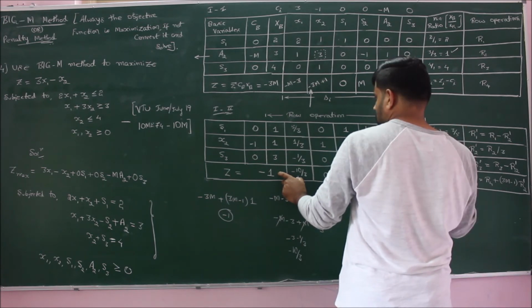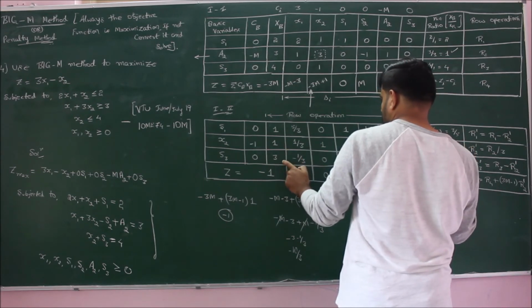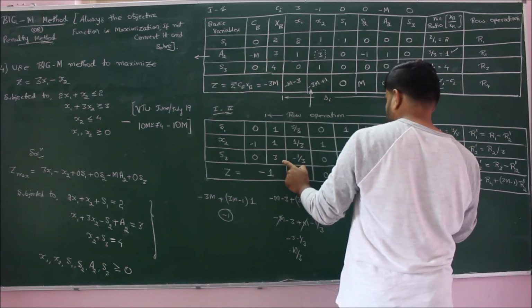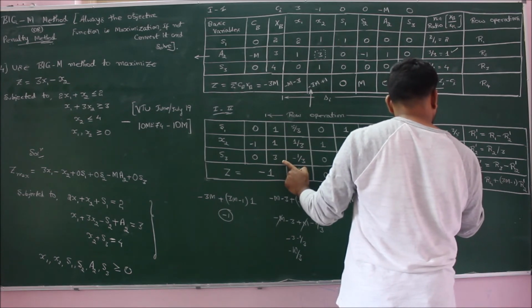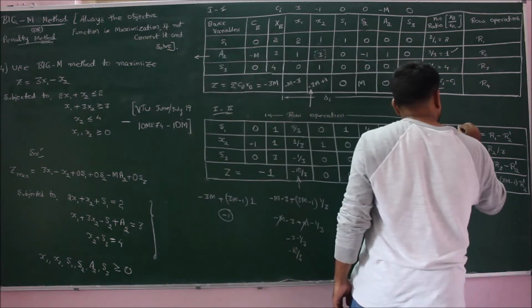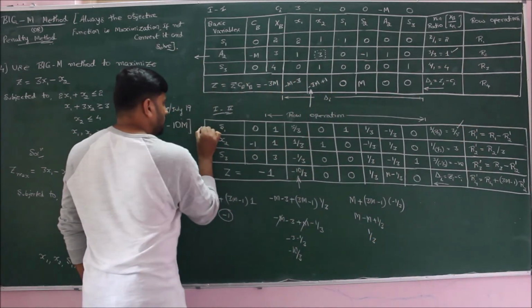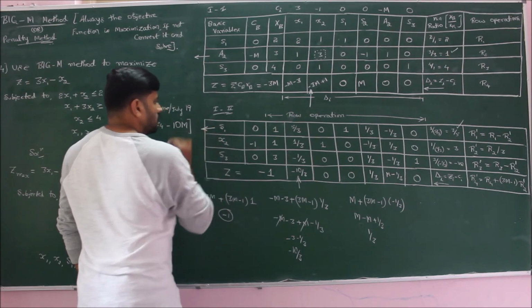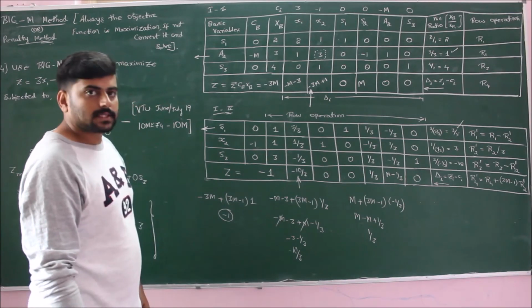And here we have 1 divided by 1 by 3, which is equal to 3, and here it is negative value. 3 divided by minus 1 by 3 is negative, we cannot consider. So from the observation it is clear that 3 by 5 is the minimum ratio. Therefore S1 is the outgoing vector. So S1 moves out and X1 will enter the matrix.